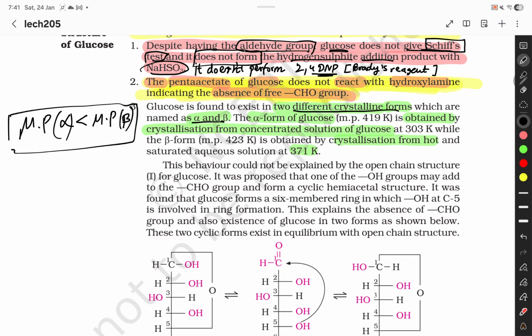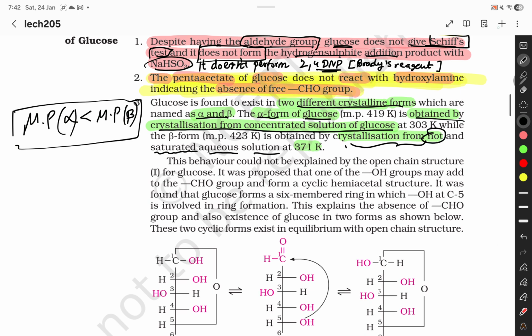Two different crystalline forms are obtained. Alpha form of glucose is obtained by crystallization from concentrated solution, while beta is obtained from crystallization of hot saturated aqueous solution. Saturated aqueous, which is also concentrated, obviously, but it's hot. That's the difference.